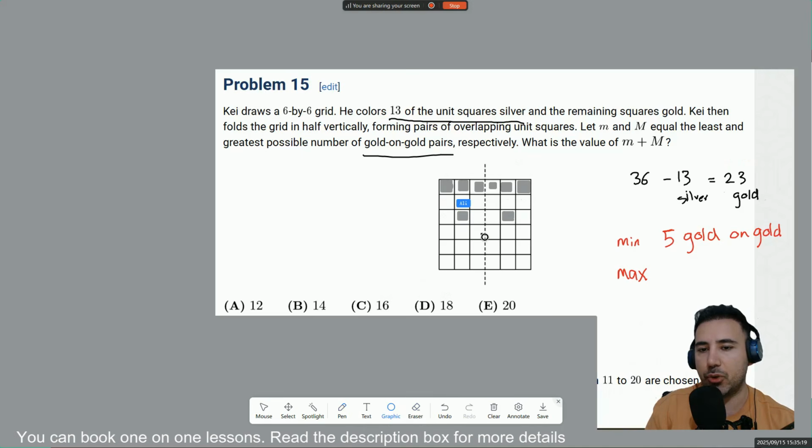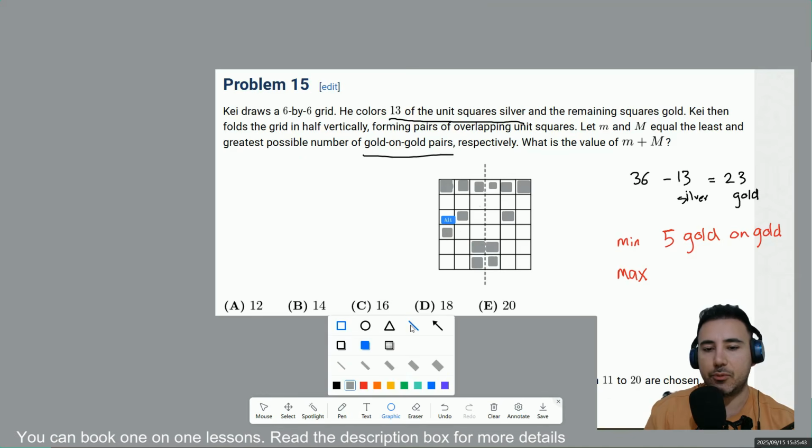I just make sure that when we fold, the silvers will be on top of one another. So we get rid of all the silvers. We have 6, 7, 8, 9, 10, 11, and then 12. There will be 1 extra silver.